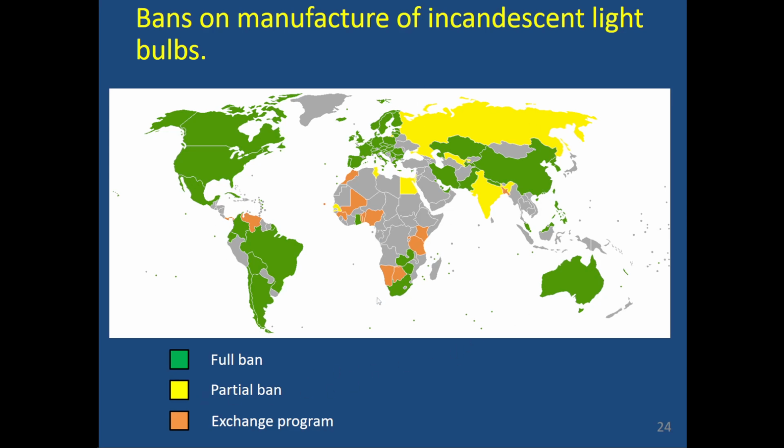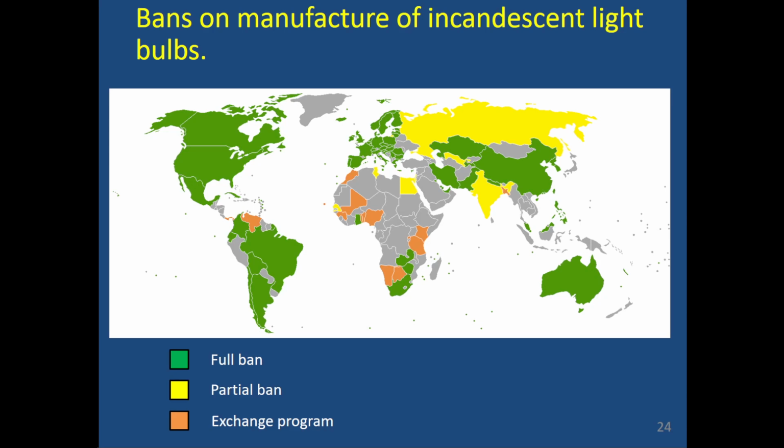The orange colors, maybe you notice a common point. The orange color says exchange program. And many of these are in Africa, developing nations, etc. So the exchange program usually is because the LEDs are pretty expensive, especially in a developing country, but maybe the government wants to save energy, maybe so they don't have to generate as much energy or save waste.